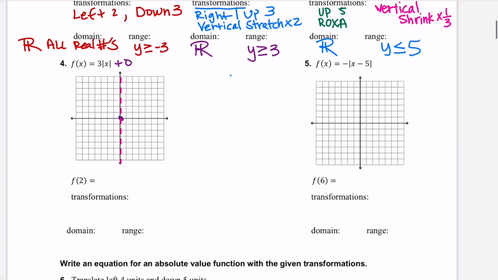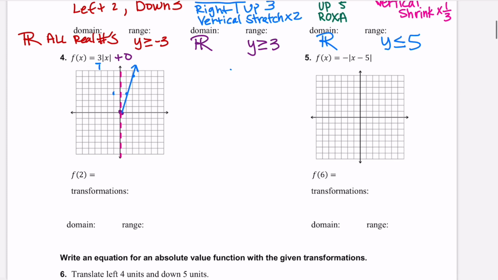My slope is up 3 over 1. So I can do a few points here for that up 3 over 1. That up 3 over 1 is going to stretch out my graph. We're going to reflect that over to the left-hand side, up 3 to the left 1, and connect it into a V shape.